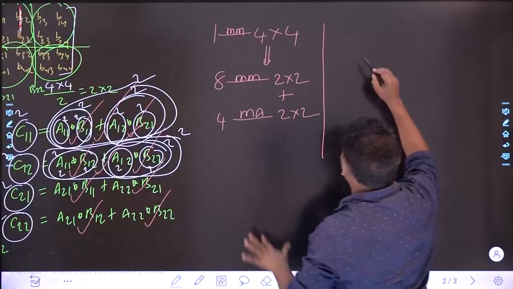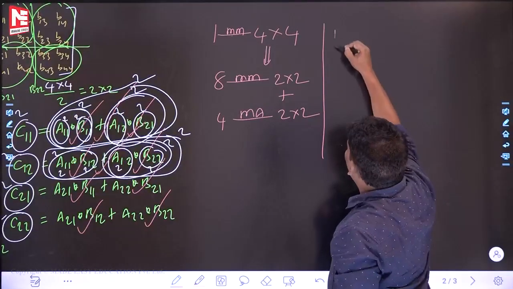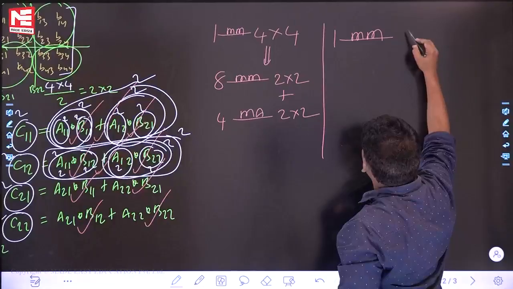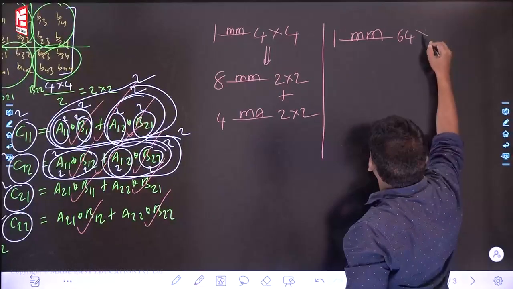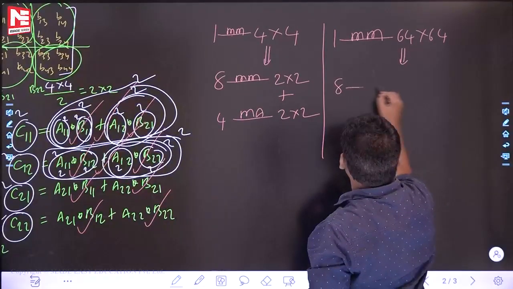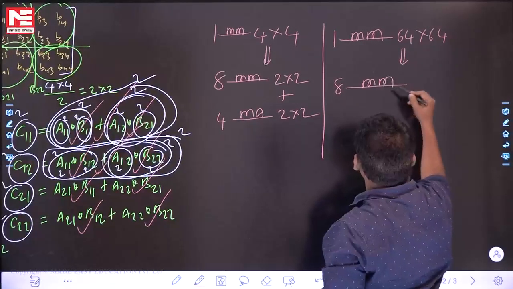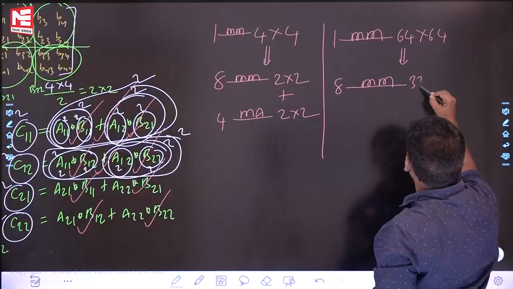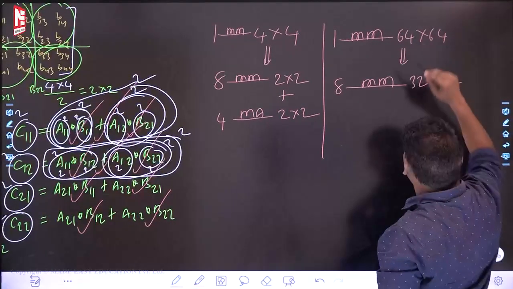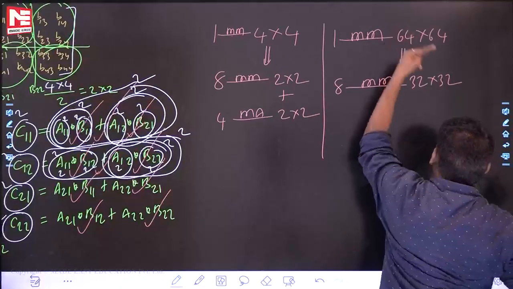Again, see this. One matrix multiplication between two matrices of size 64 by 64 is equal to 8 matrix multiplications, same story, of size 32 by 32. I am not saying 2 by 2; if you divide 64 by 2, it becomes 32. So the bigger problem is in terms of the smaller.